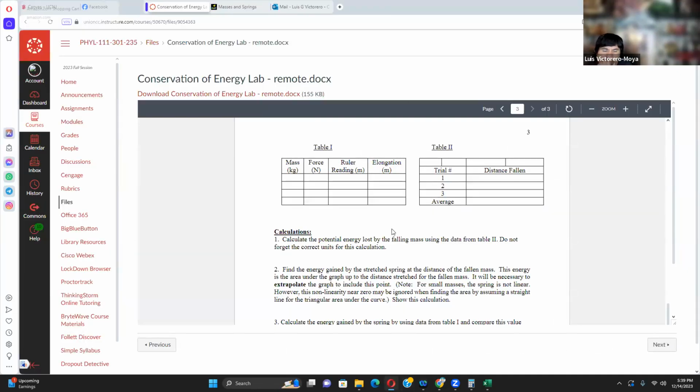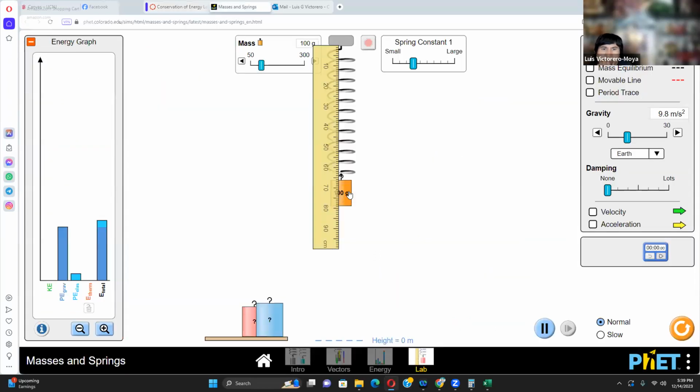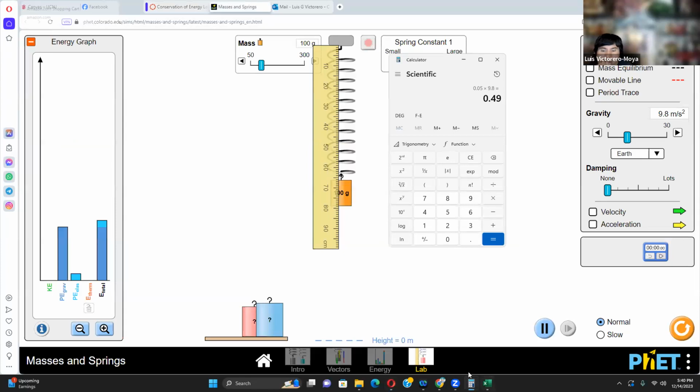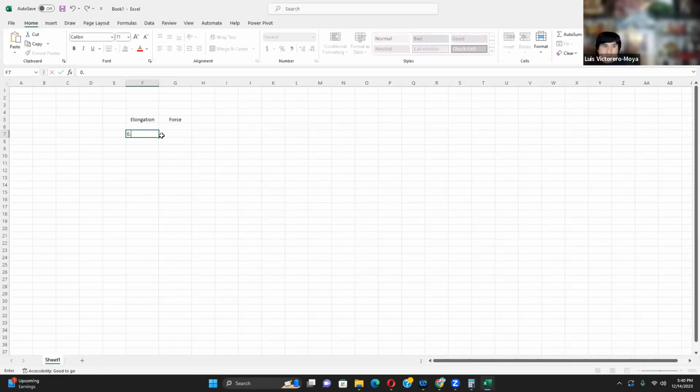So 100 grams, that gives you 63 minus 48, that's 15, right? 15 centimeters is 0.15, and 100 grams is 0.98 newtons.